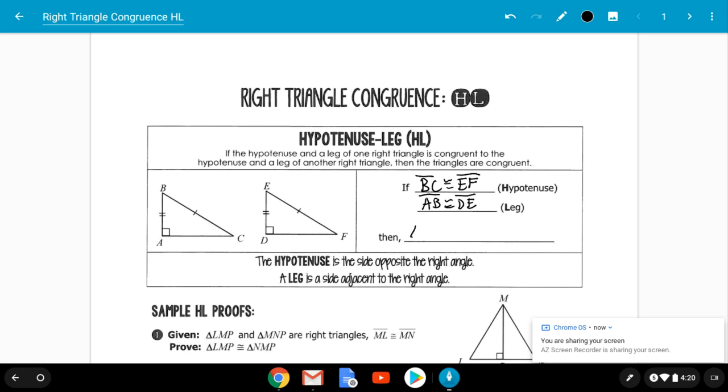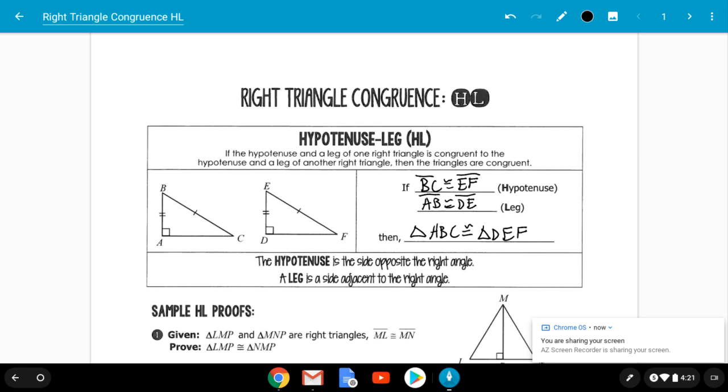then the two triangles are congruent by HL. So triangle ABC is congruent to triangle DEF. That's it for HL. So HL is only a possibility if it has a right angle. But it's not necessarily true that if I have a right angle, I'm going to have HL.